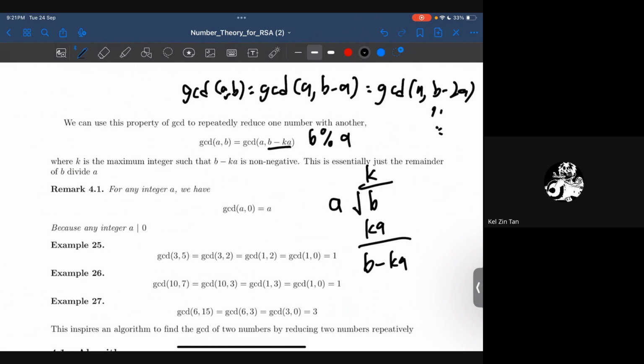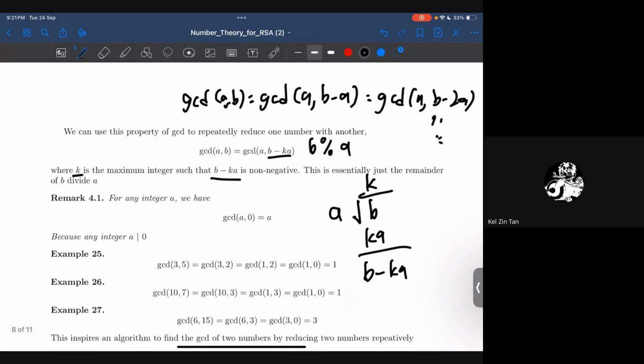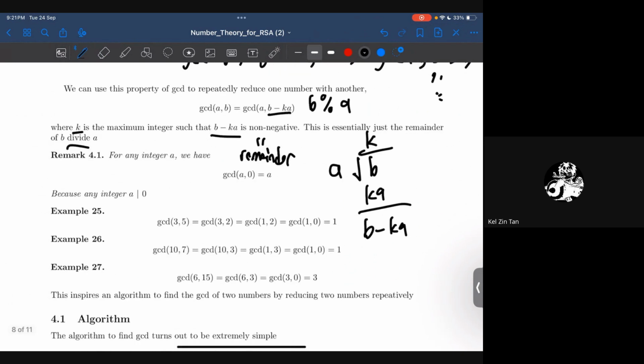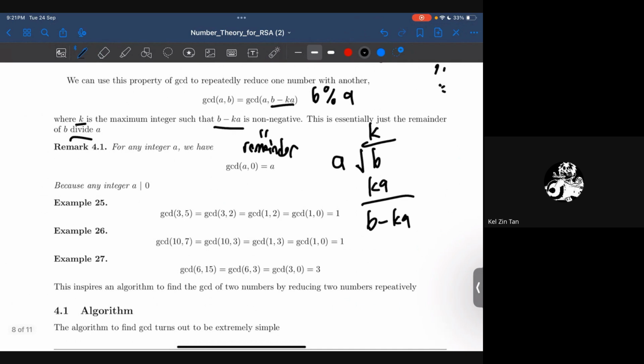This is a very long-winded sentence, but it is basically just the remainder of B divided by A.